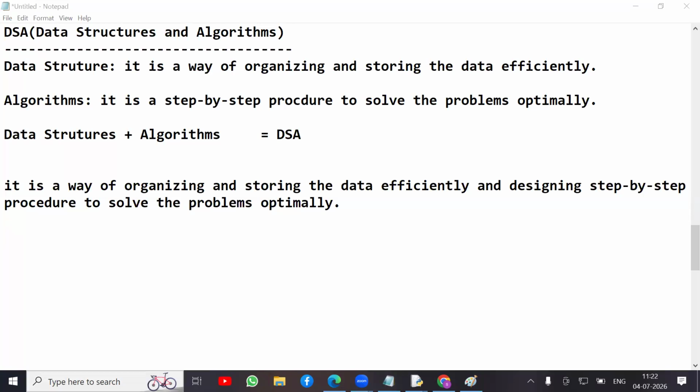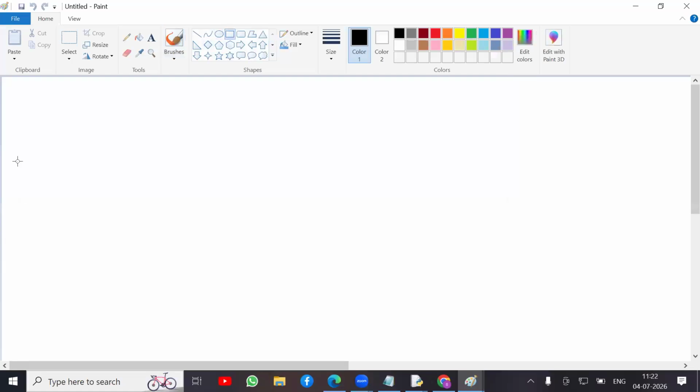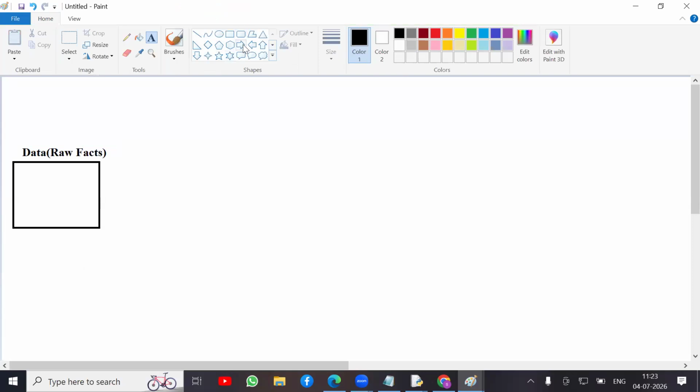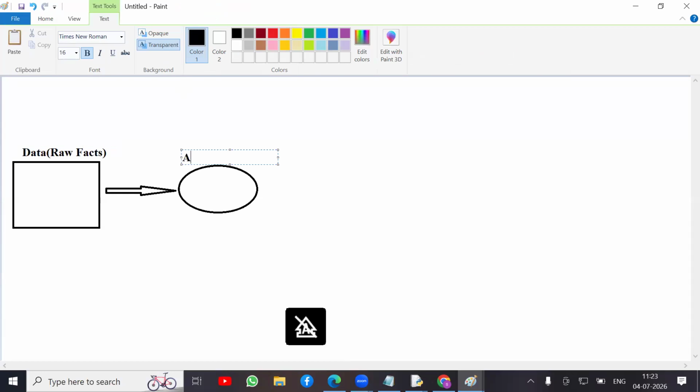Now, simply observing very clearly, suppose this is the data. This is the data, raw fact. On top of this data, we can apply the algorithms like a process.